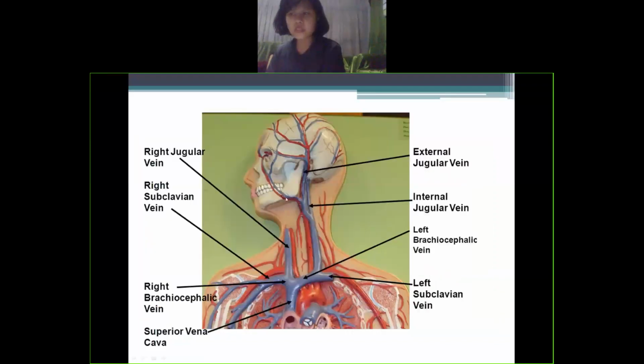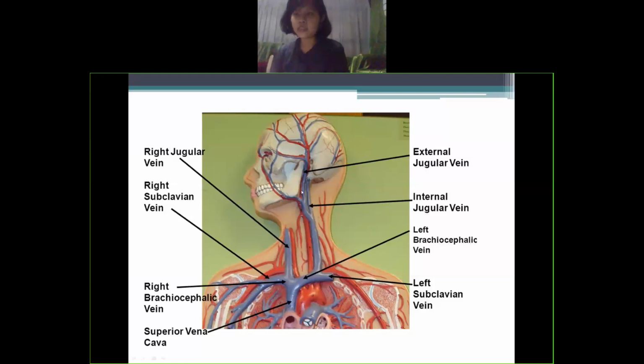So here you will find the internal jugular vein is here. The internal jugular vein runs downwards, means down portion. They run downwards behind the sternocleidomastoid muscle. Internal and external jugular vein, they are somewhere near to each other. As you can see from the picture itself, they are all connected with each other, right?